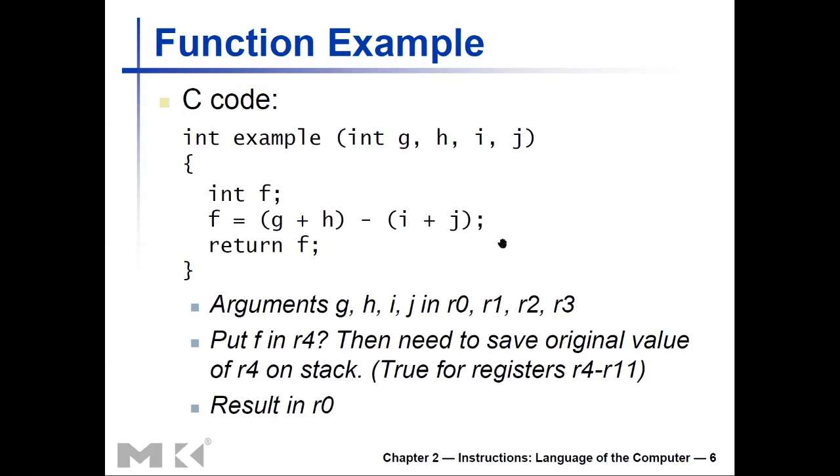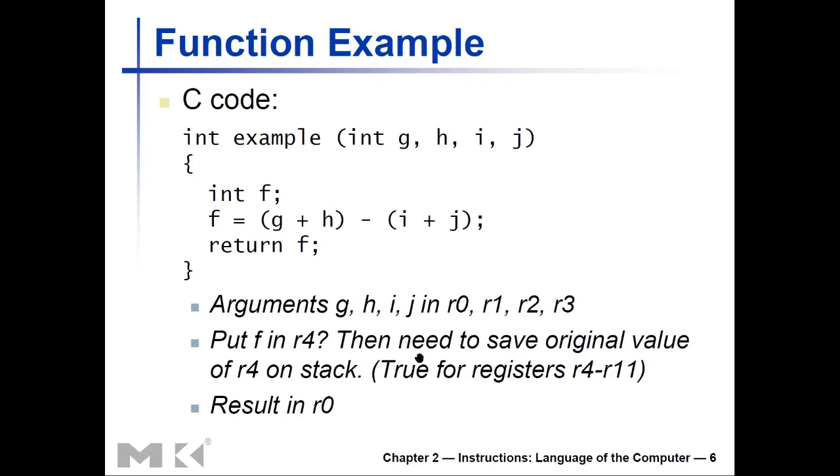But the convention has a restriction: if you are going to use R4, you have to preserve it, so that when the function returns, it will have the value that was there before the function was called.